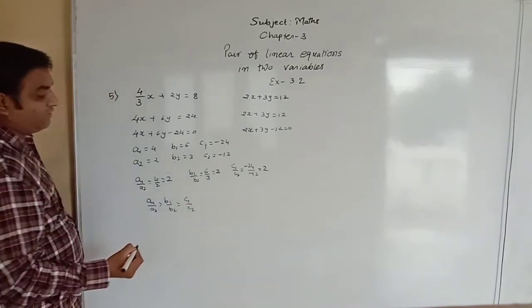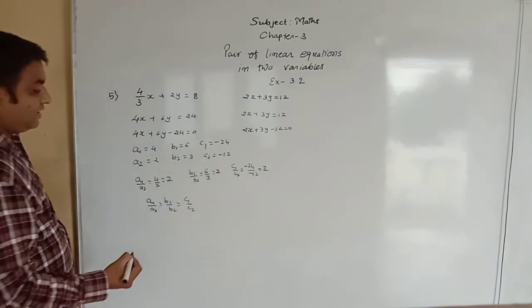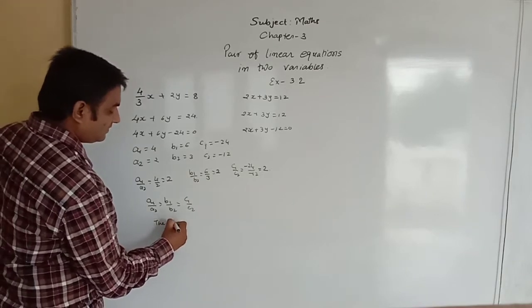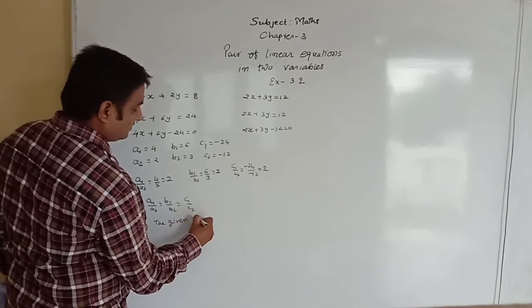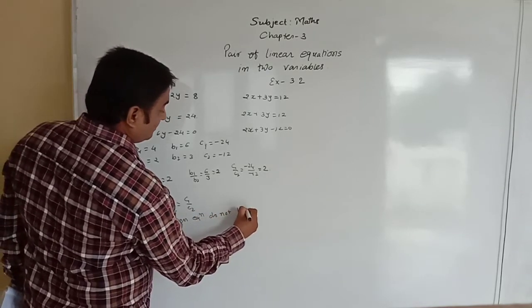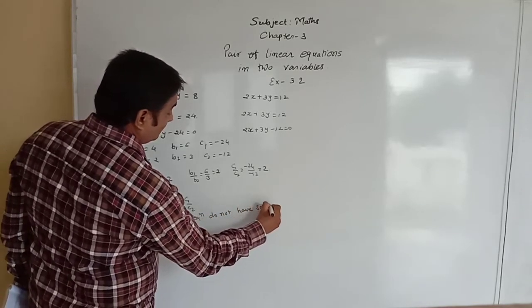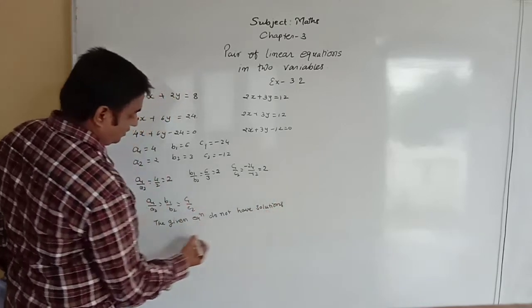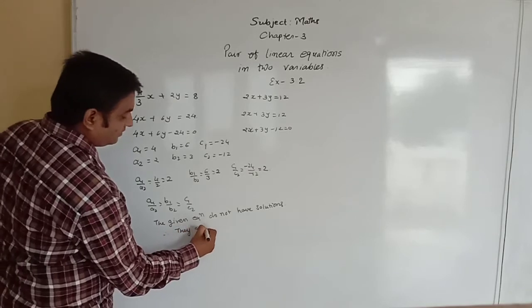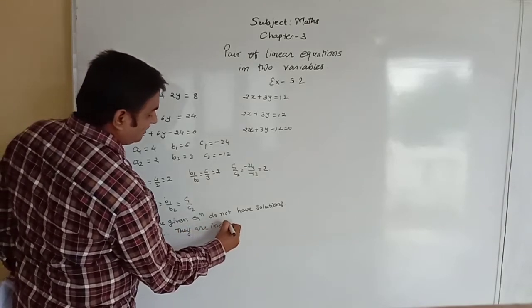So all the three ratios are equal, and so we can say that the given equations do not have a solution, and so they are inconsistent.